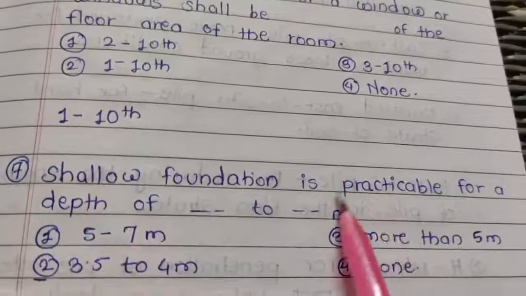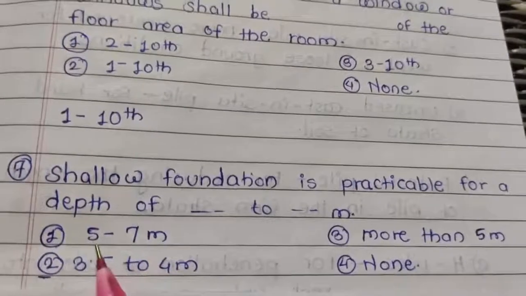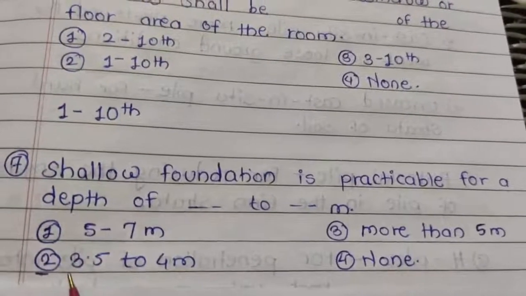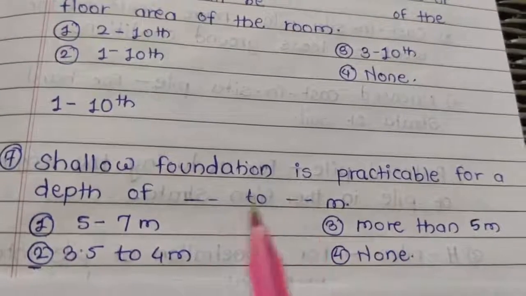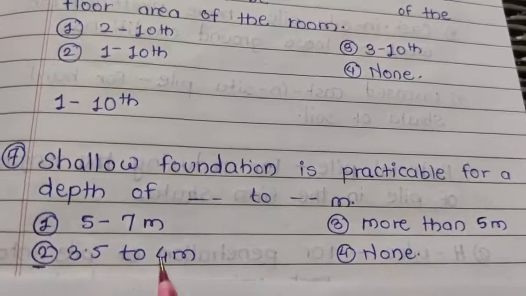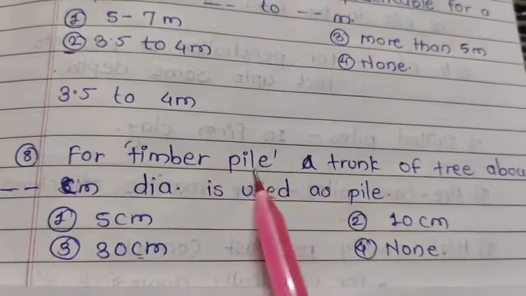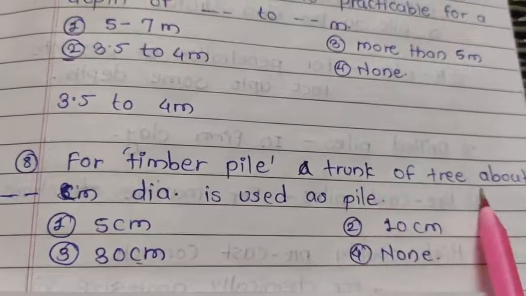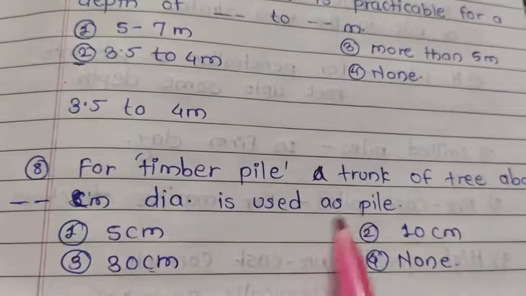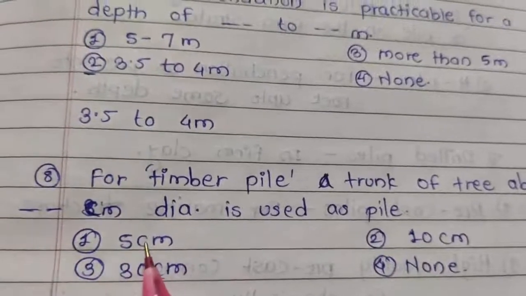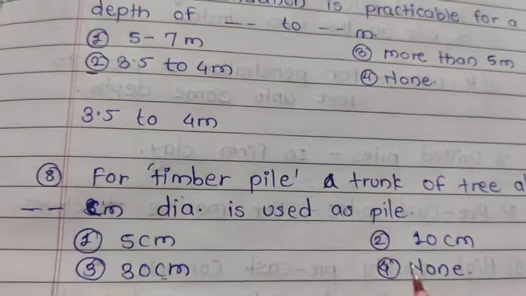Shallow foundation is practicable for a depth of 5 to 7 meter, 3.5 to 4 meter, more than 5 meter, none. Accurate answer is 3.5 to 4 meter. For timber pile, a trunk of a tree about dash dash centimeter diameter is used as a pile. 5 centimeter diameter, 10 centimeter, 30 centimeter, none.